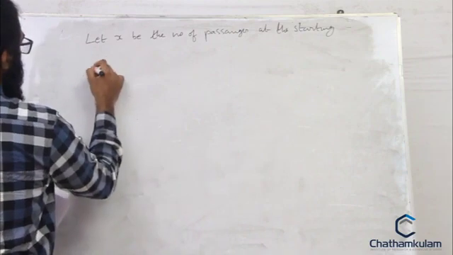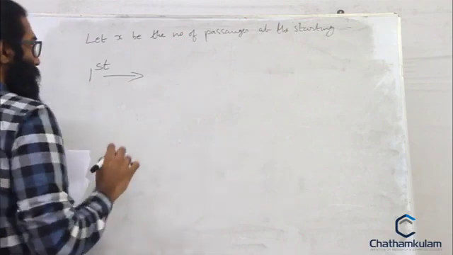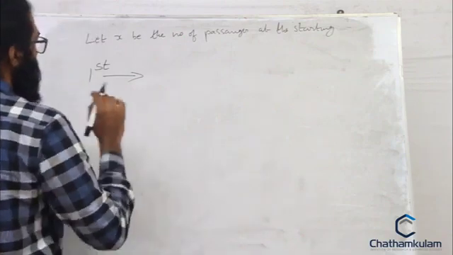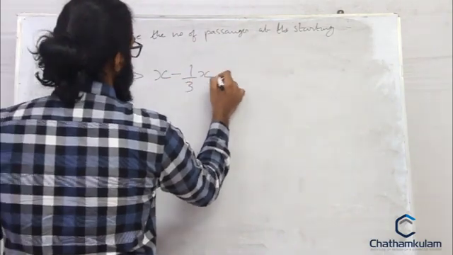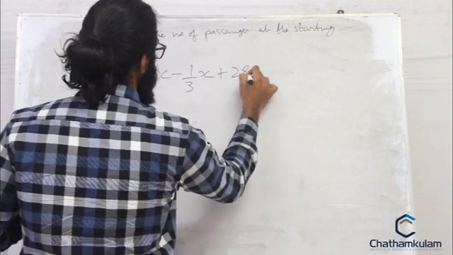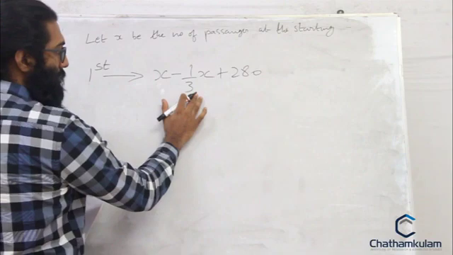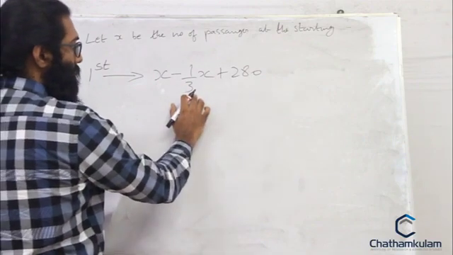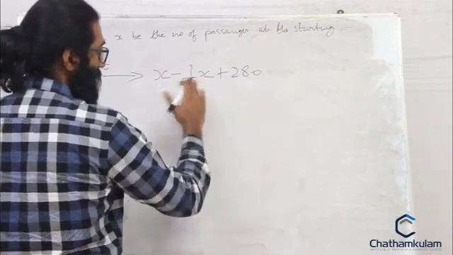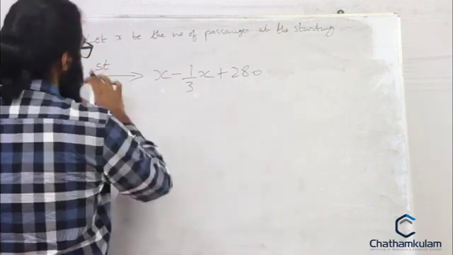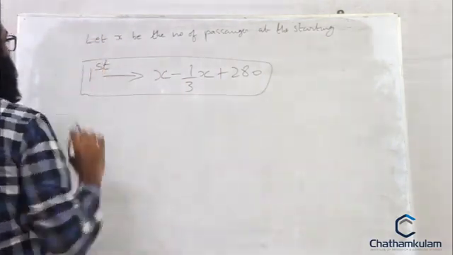So the number of passengers in the train in the first station is given by x minus 1 by 3 x plus 280. 1/3 of the passengers was dropped in the first station and 280 passengers boarded the train.